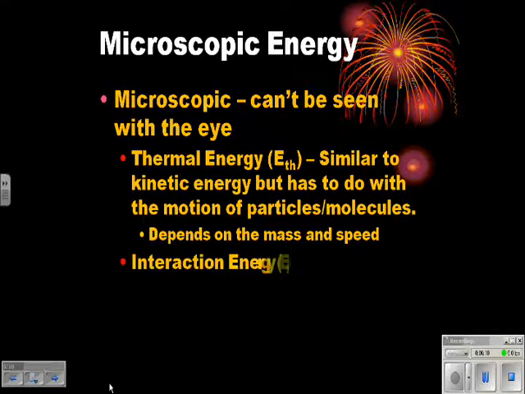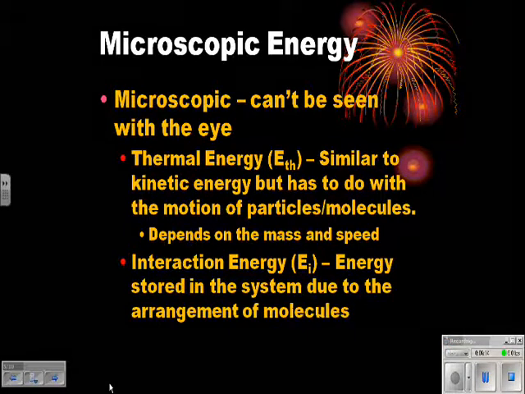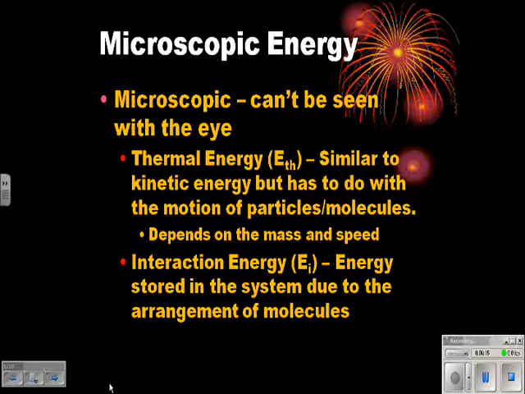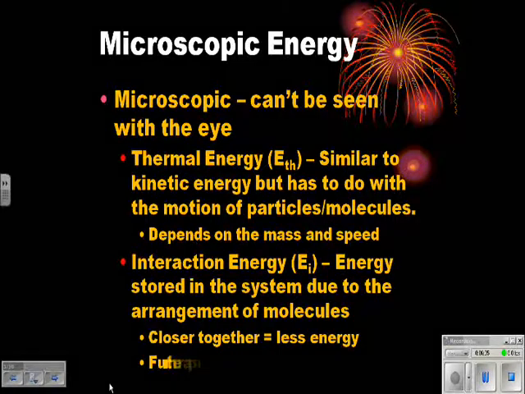Our second type of energy is interaction energy, symbolized with an EI, and that's the energy stored in a system due to the arrangement of the molecules. Again, this is a potential energy. The easiest way to think about this is that particles that are close together have less interaction energy than particles that are farther apart.